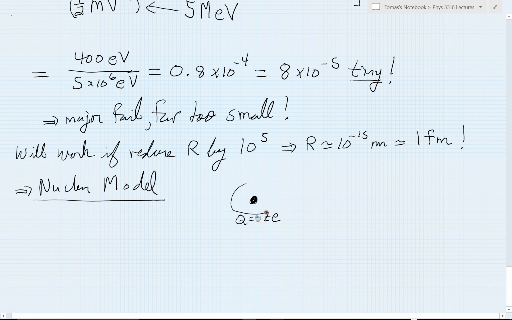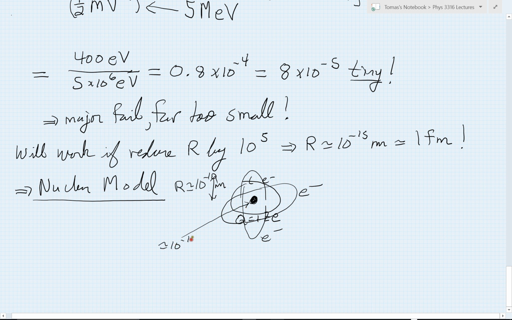I'm trying to draw some orbits for my electrons. You've seen the typical atom picture with electrons going around in all kinds of different orbits. Now the radii of these orbits must correspond to the size of the atoms, about 10 to the minus 10 meters, whereas the nuclear size is much, much smaller, about 10 to the minus 15 meters.